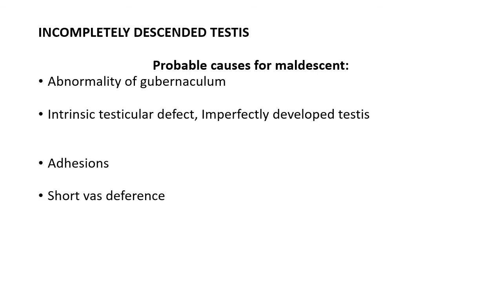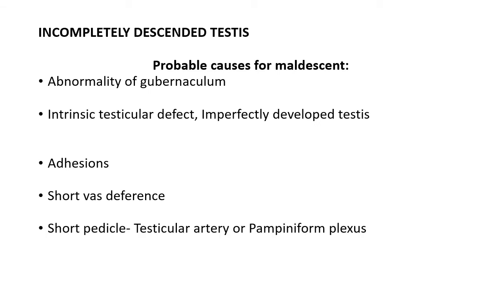One more factor: the testes are normal, the gubernaculum is normal, everything is normal, but the development of the vas deferens is not proper. That will also automatically arrest the descent of the testes. Similarly, if the testicular artery or the pampiniform plexus are short, they will also interfere with the descent of the testes.